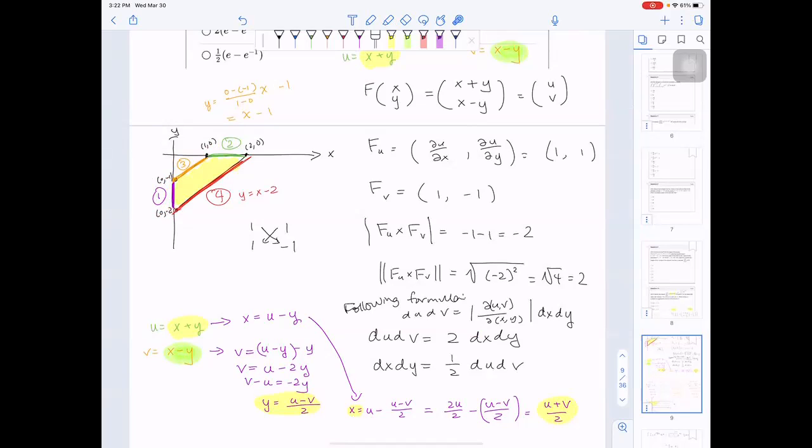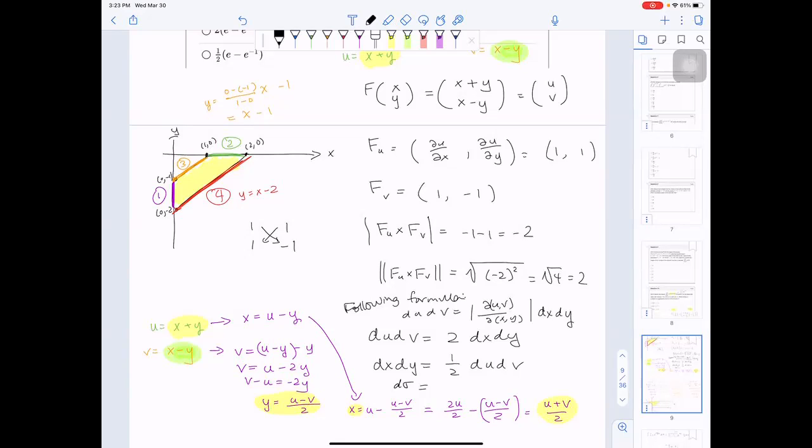Wait, I have a question. Why did you need to do this here? This was used to find this. So we had to do all of this to find what d sigma is. D sigma is the surface integral element. D sigma is this length times du dv, or your new variables. So all this is the process of finding our surface integral.